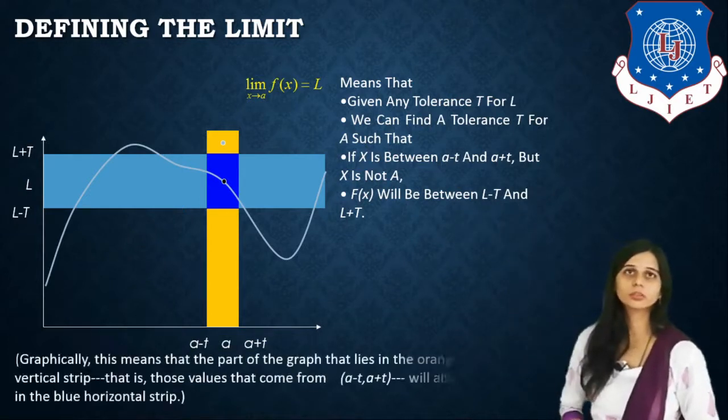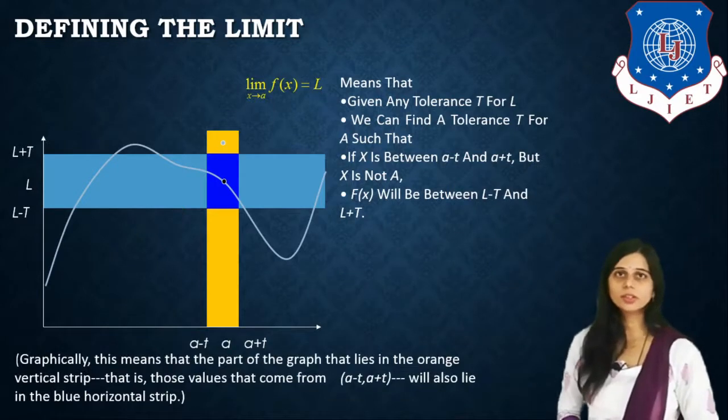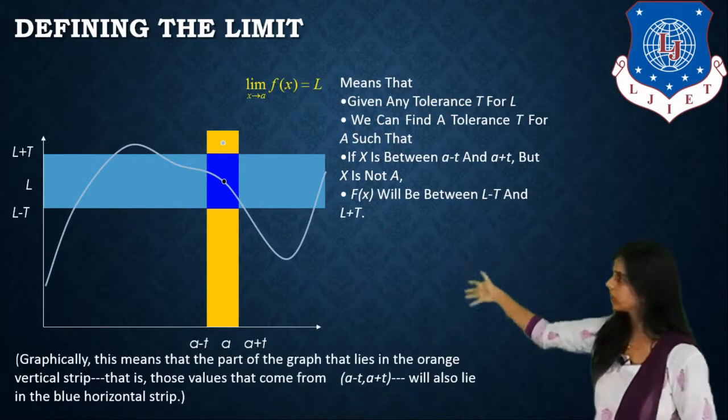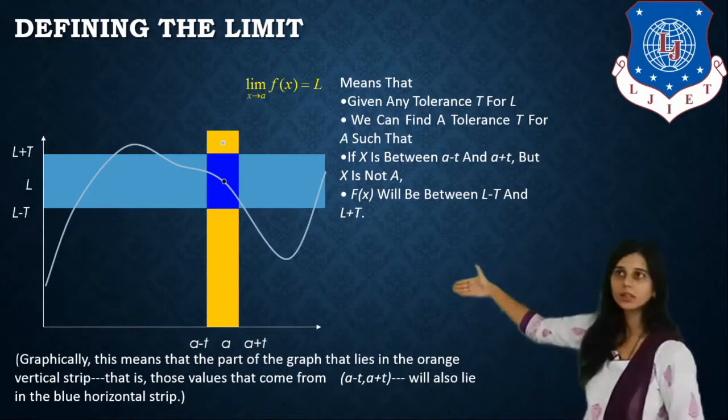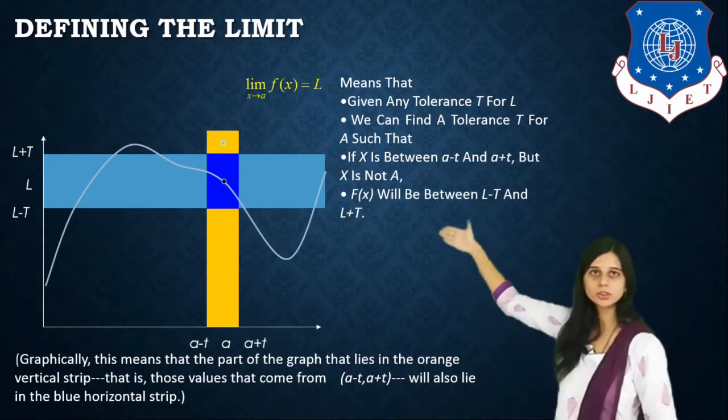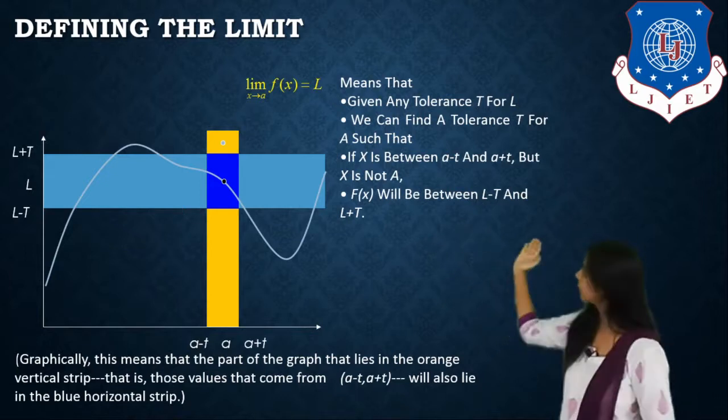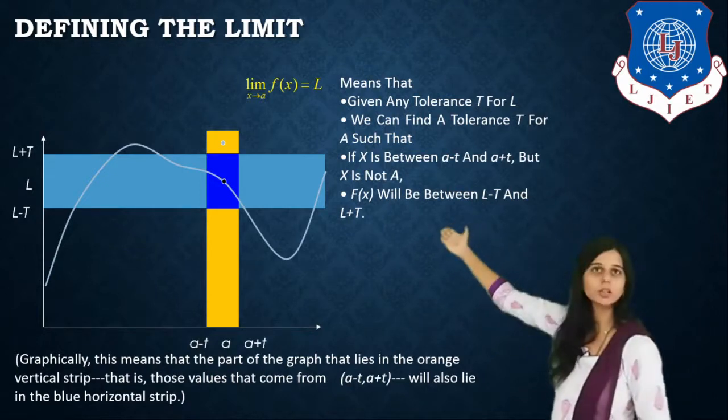So graphically, this means that we have the part of the graph that lies in the orange strip, a minus t to a plus t. Also we are getting a horizontal strip in blue.